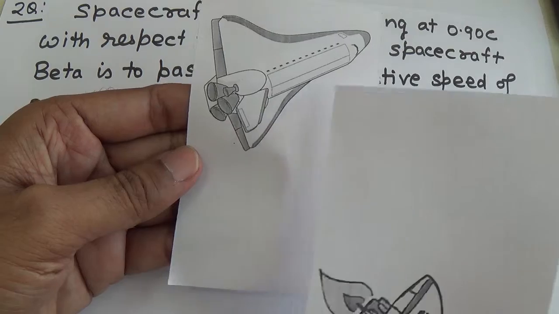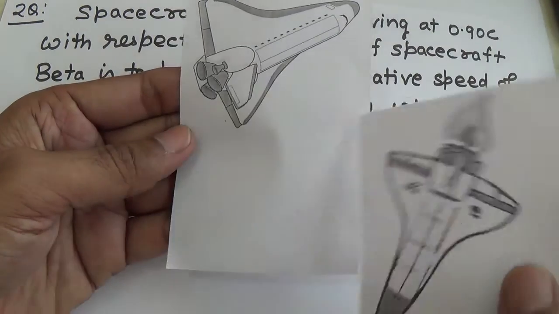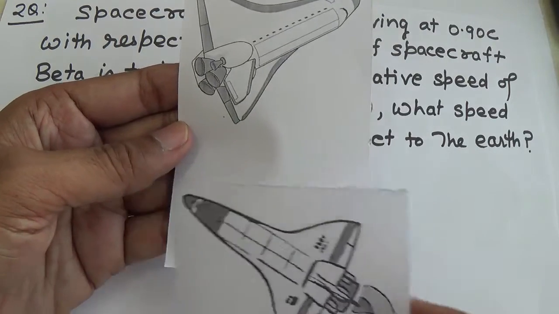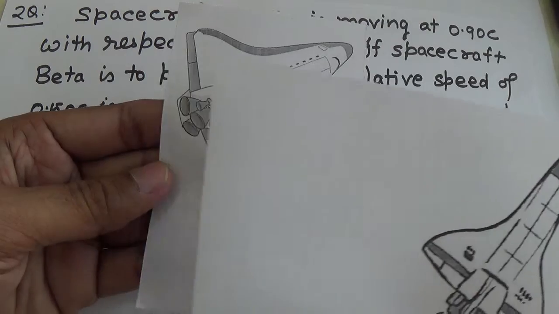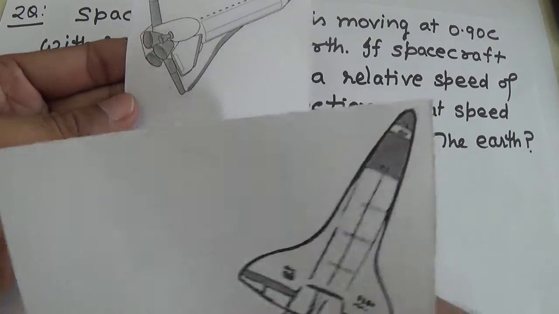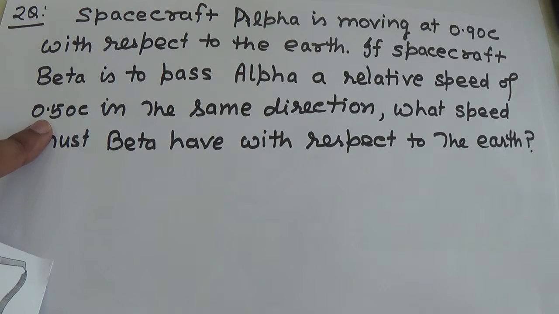This one was flying in space, and now the second one passes it in the same direction. So the relative speed of this one is given, that is 0.50 c.